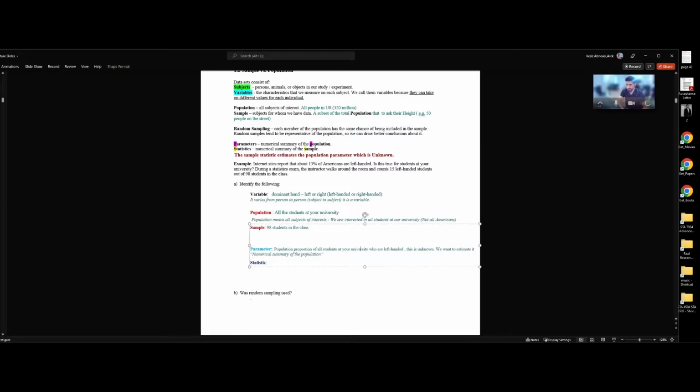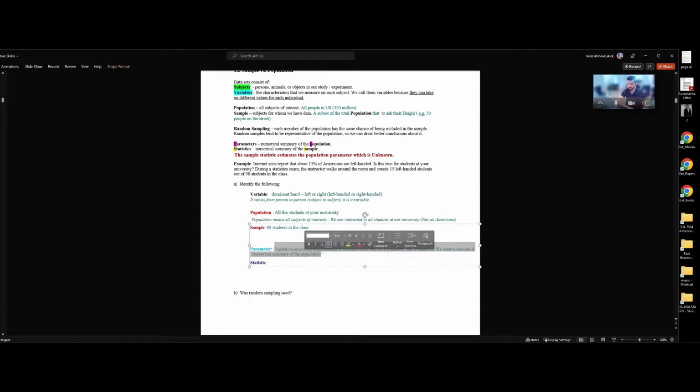So the population that we're interested in changes among problems, right? Previously we were interested just in the population of our class. Right now we're interested in the population of the whole university, which is different.